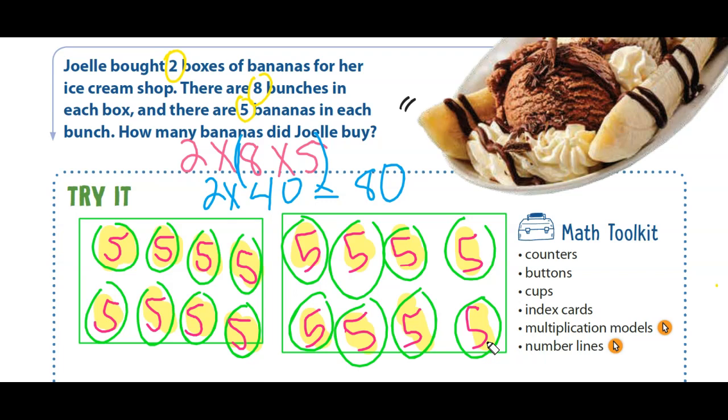Awesome. You're right. 80. And then I'm done. So this is a model that represents this right here.